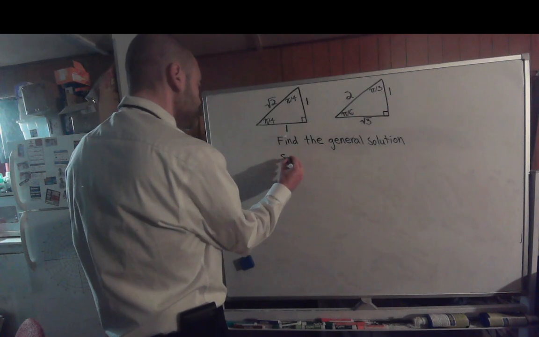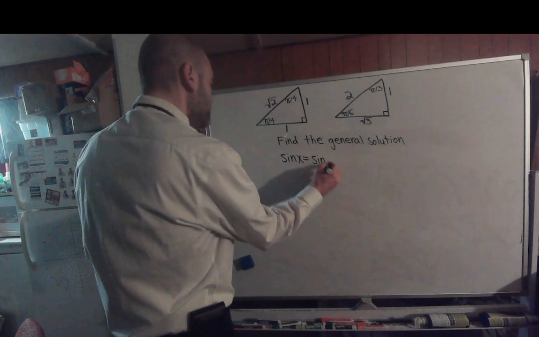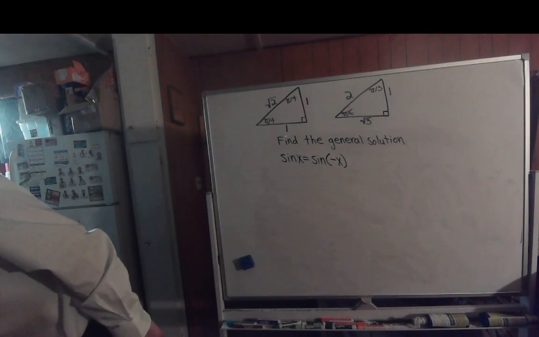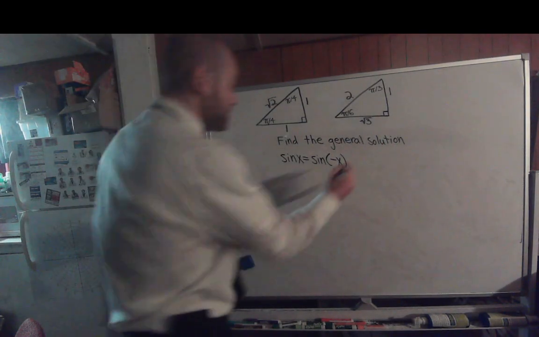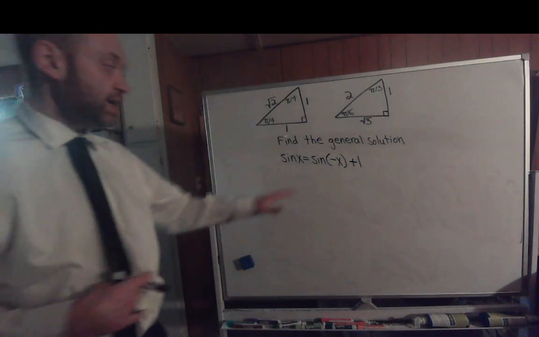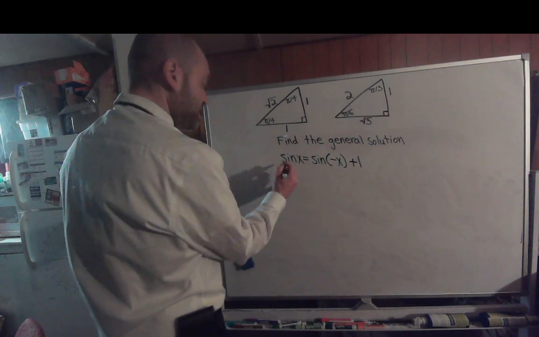So we have the sine of x equals the sine of negative x plus 1. Interesting problem here. So on the right side you have a negative angle identity. Well, let's simplify that.